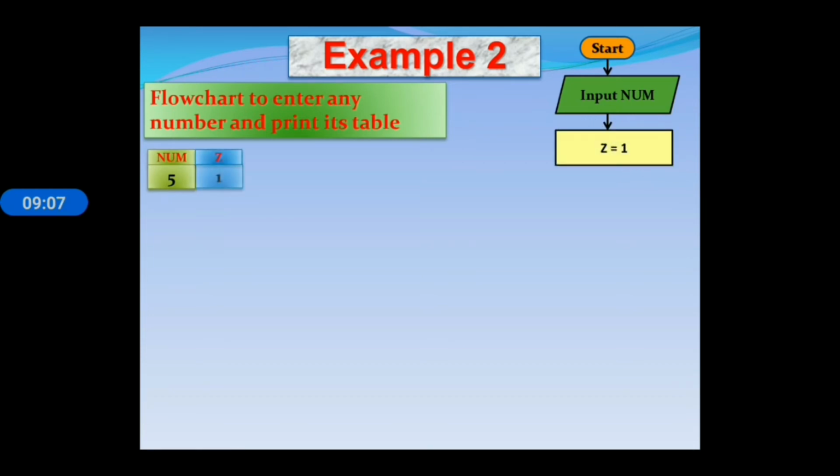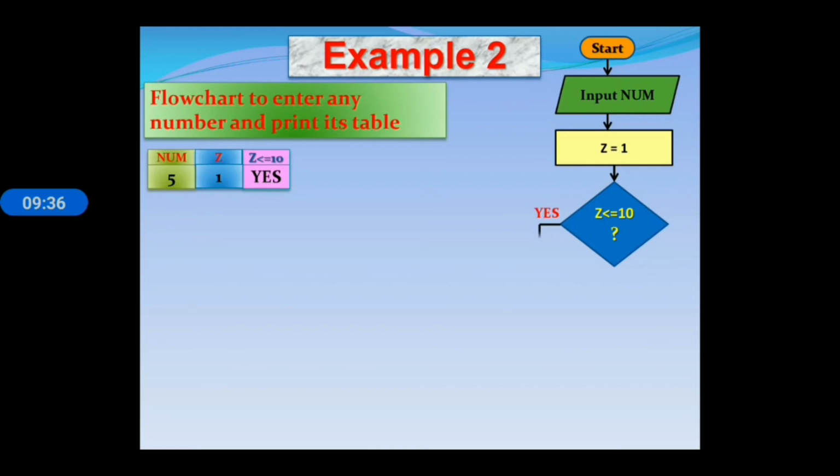Then another variable z is taken, with initial value 1. Then use the decision box and check whether the value of z is less than or equal to 10 or not, because in a table we have to calculate from 1 to 10. So it will check whether the value of z is less than or equal to 10 or not.